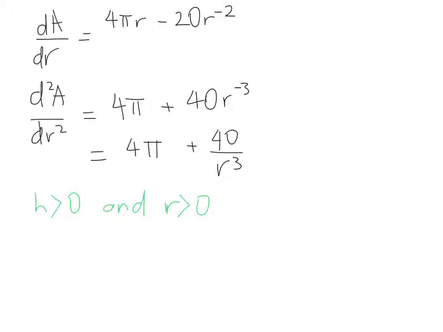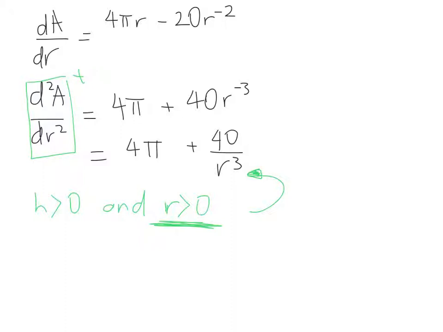Now, if I put any positive value of r into here, then the second derivative will be positive. Of course, I could put a negative value for r in there. I could put in negative 1, for example, and that would give me 4 pi minus 40. That's clearly going to be negative, but we've just said r must be positive.